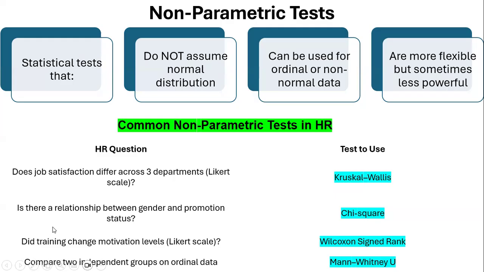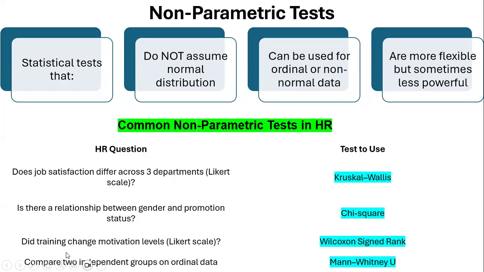The same can also be said about a situation where you are comparing whether gender and promotion are related. You can use chi-square to draw a matrix to check that sort of comparison.